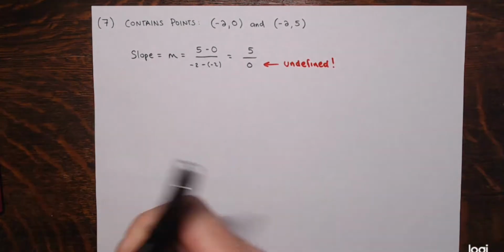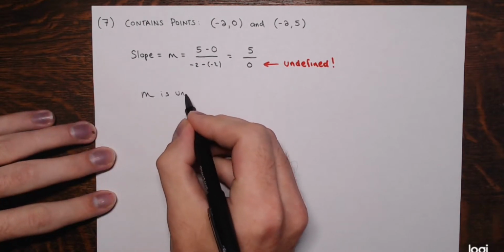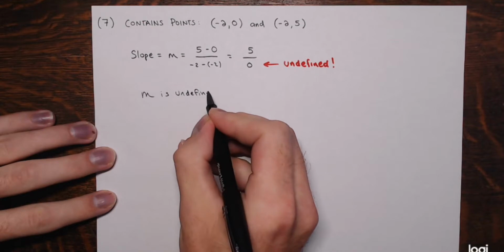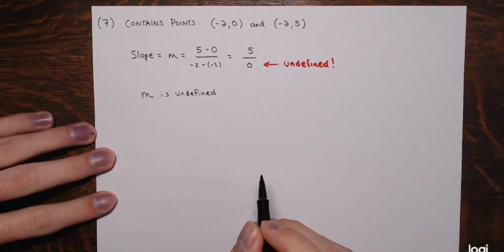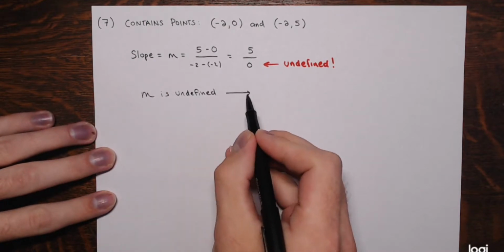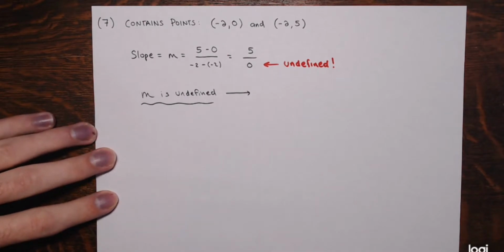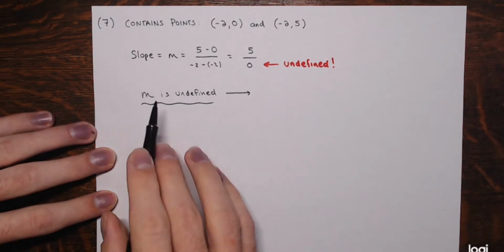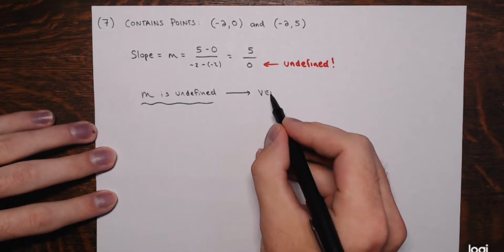So the slope, m, is undefined. So here's another line that I can't really write the equation of in slope-intercept form or any of those other forms. And hopefully you recall from my previous video on the slope of a line that when the slope of a line is undefined, you're going to have a vertical line.